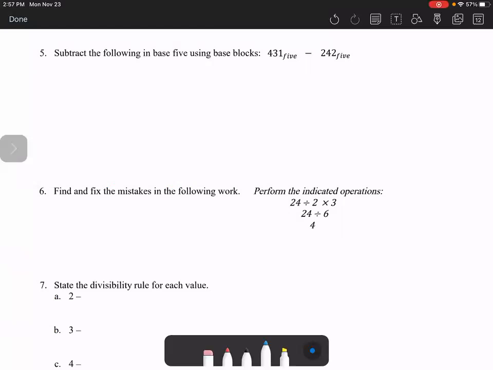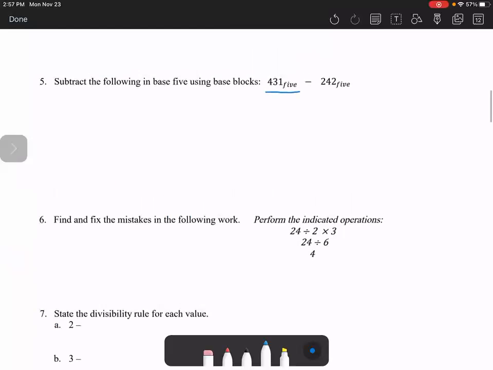So first off, when we do subtraction with base blocks, we only write down the first number. So remember that this 1 here is our unit, the 3 is a long, and the 4 is a flat.